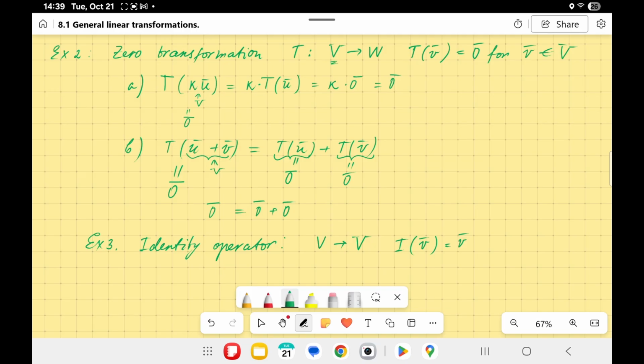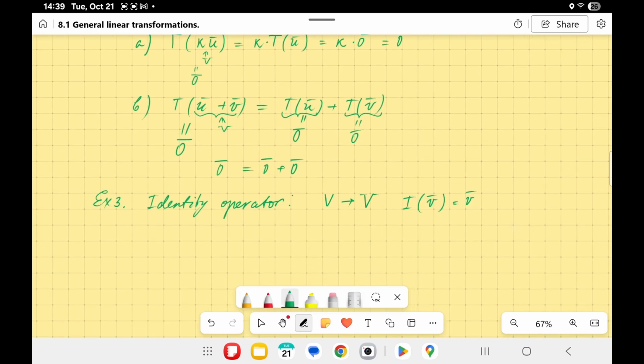Well, you probably can prove that homogeneity and additivity, A and B, are working for the identity operator too. I'm going to leave it for you to prove at home. Basically, guys, it's not going to be much of a proof. You're just going to check it.